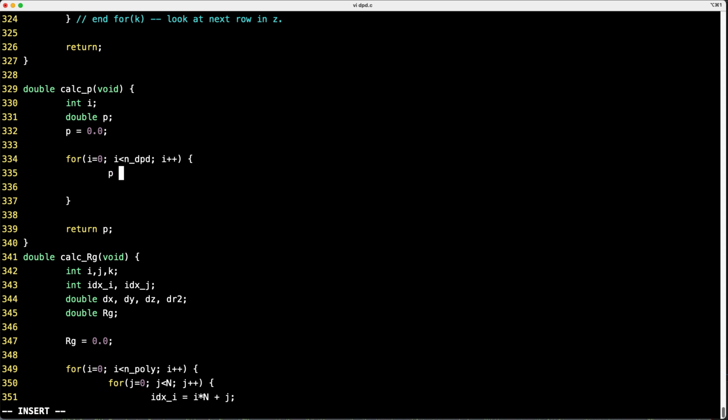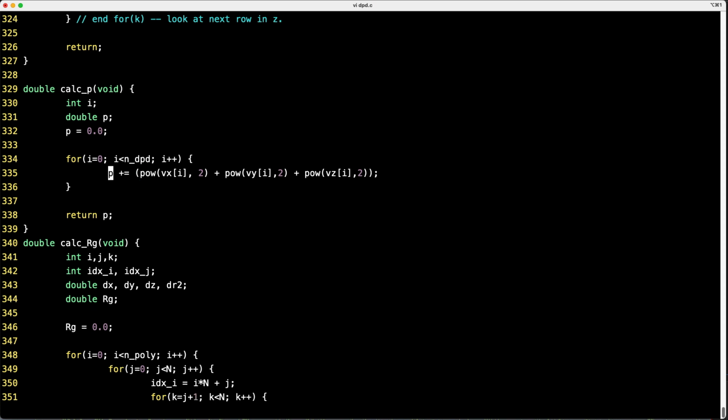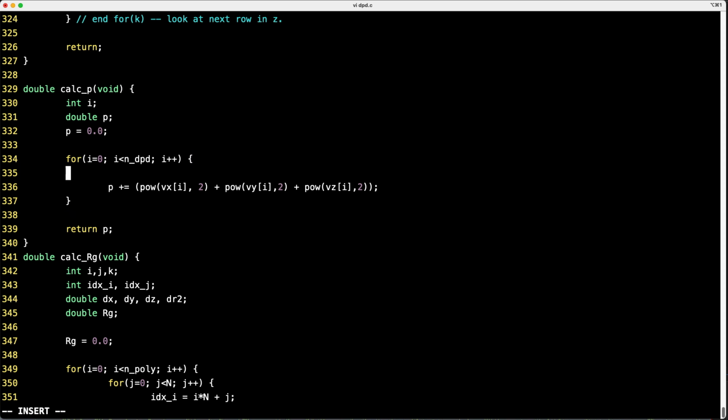So p is going to be, let's see, vxi squared plus vyi squared plus vzi squared. Okay, notice I've left the mass out because again, mass is equal to 1. Okay, so that's p dot p.